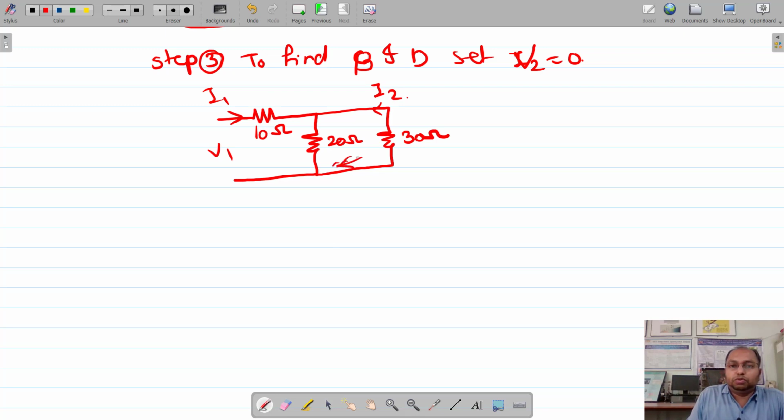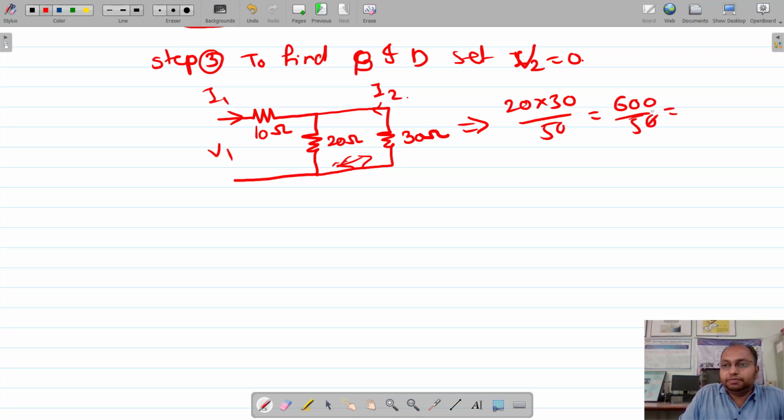So do the parallel combination and then go for applying KVL. Let us go for simplifying this. So 20 into 30 divided by 50, how much it will be? 600 divided by 50, it is coming as 12, right?